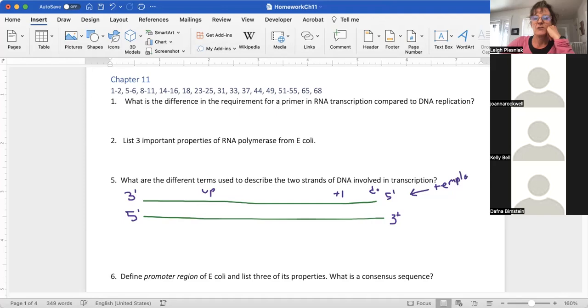Is the template plus or minus? What do you mean by plus or minus? It's a term used to describe whether it's the same sequence or complementary to the messenger RNA. Yeah, so the template strand, just by definition, is called the minus strand. And it's complementary to the messenger RNA, and so we call that antisense.